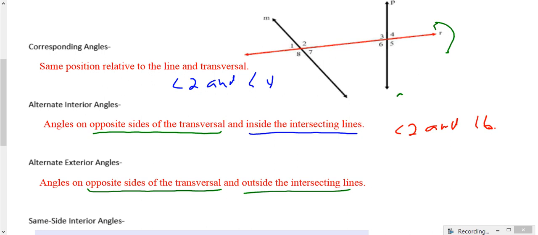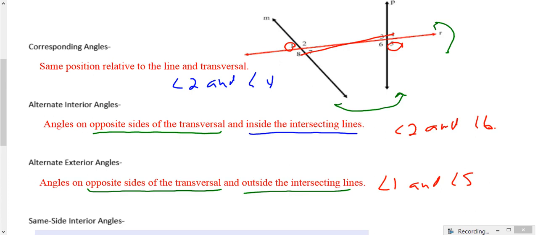So now we're talking about here and here. So we have 1, 8, 4, 5. So to be opposite, we're talking about angle 1. Here's that, but it has to be opposite the transversal and outside, angle 5. And then we could also say 8 and 4.